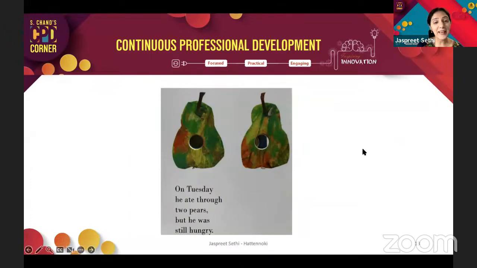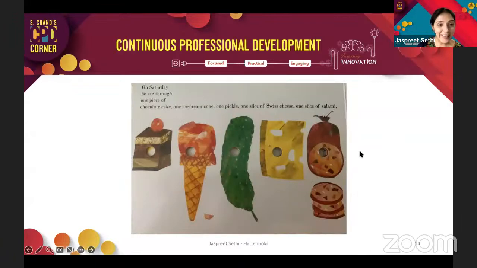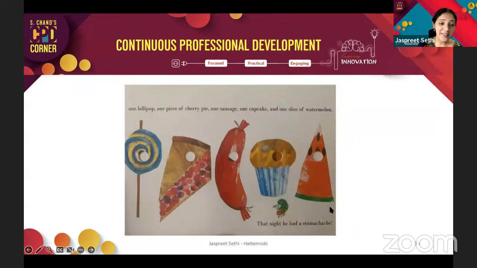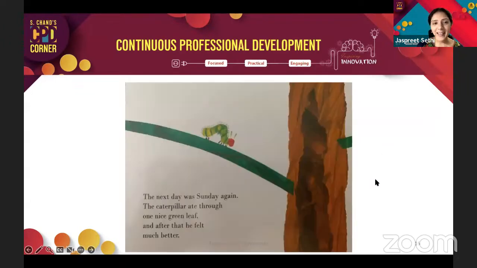And it goes on like that until on Saturday, he ate through one piece of a lot of junk. And that night, he had a stomachache. The next day was Sunday again, and the caterpillar ate through one nice green leaf. After that, he felt much better.